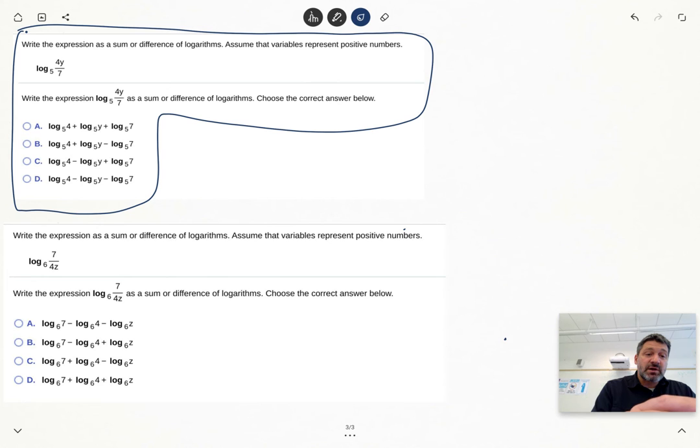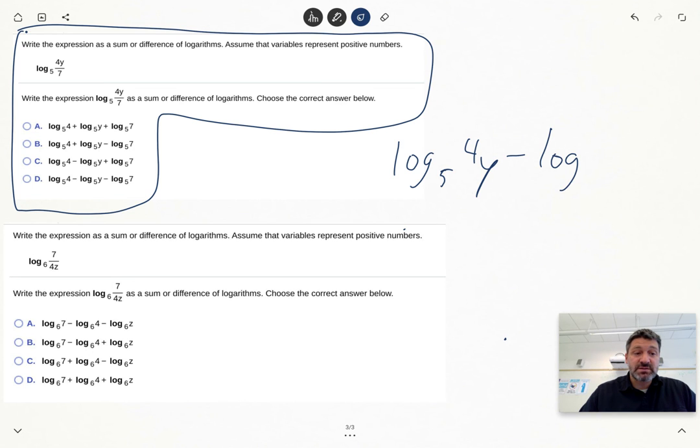So this is a log base 5 where we're dividing. Okay, so that would be log base 5 of 4y minus log base 5 of 7. So when we're dividing the numbers, that means we're subtracting the exponents, and these are the exponents here. So we can take this one step further because we have a 4 times a y.